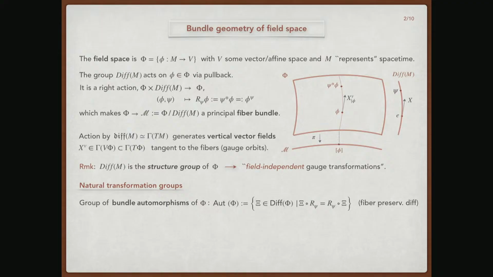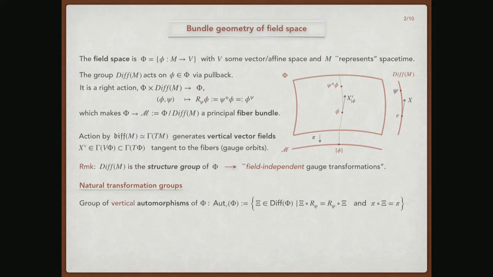The automorphisms ensure that I map fibers to fibers, which means in particular that they induce diffeomorphisms of the moduli space. So if you project, so to speak, this group, it will move a solution to another solution. So it's really a physical transformation between different solutions when you look at them on the base space.